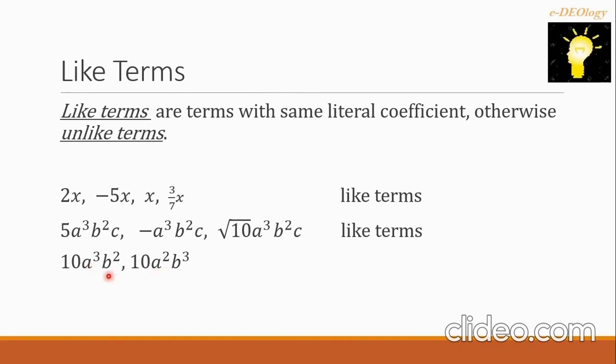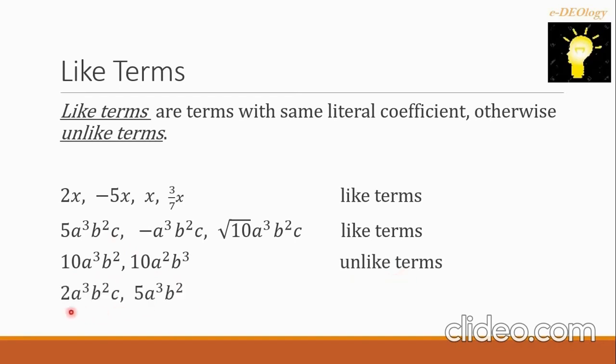While here, the b has an exponent of 2, and in the other term, the exponent of b is 3. So they have different literal coefficients. When we say the same literal coefficient, even the powers must be the same. So in this group, these are unlike terms.